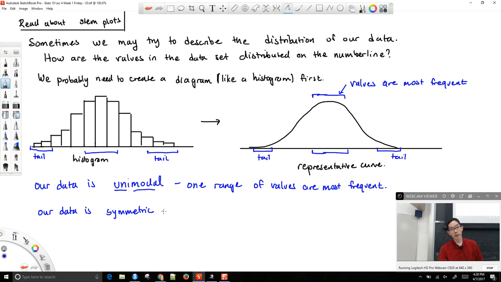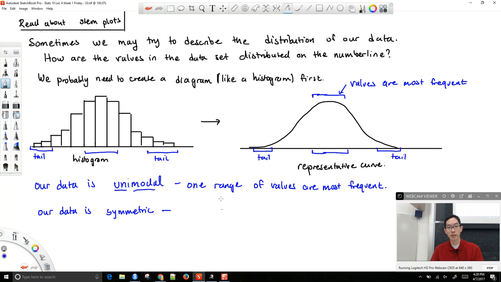The idea with a symmetric distribution is that the tail for large values, which are on that side, and the tail for low values appear with about the same frequency. So you've got about the same number of values on the high side as you do values on the low side.